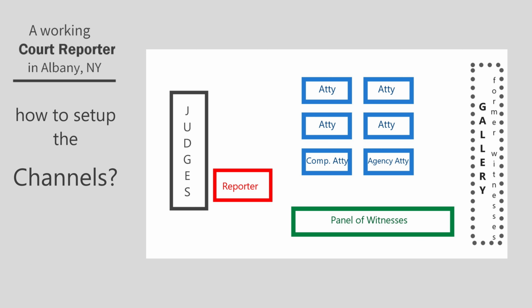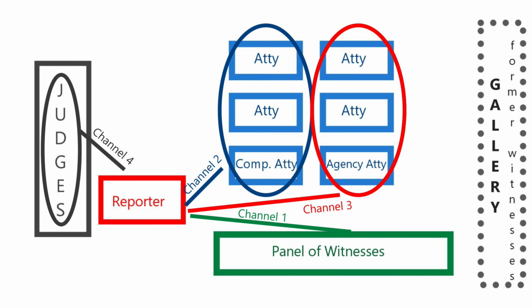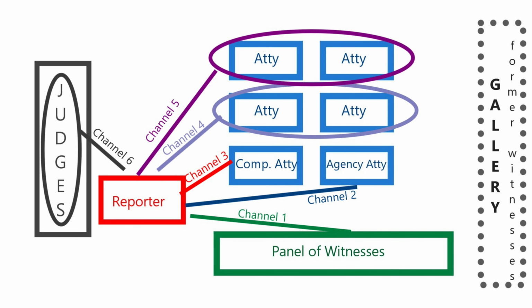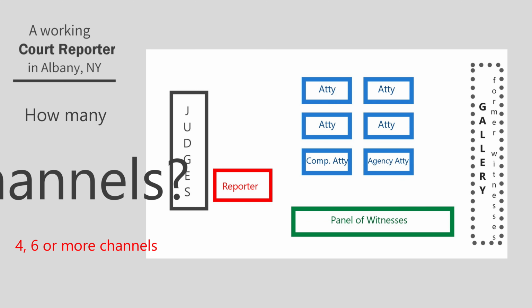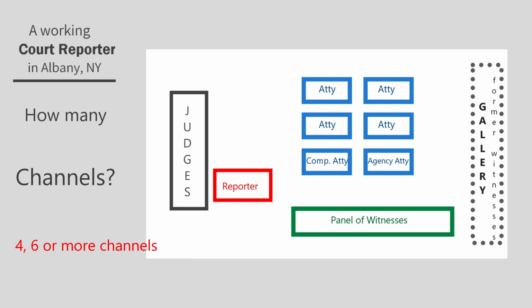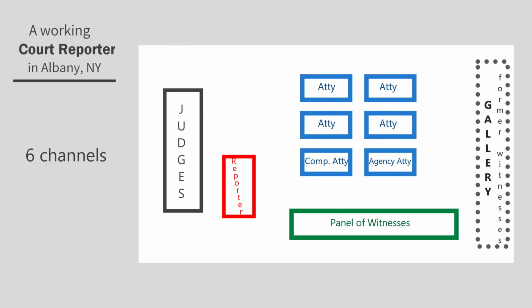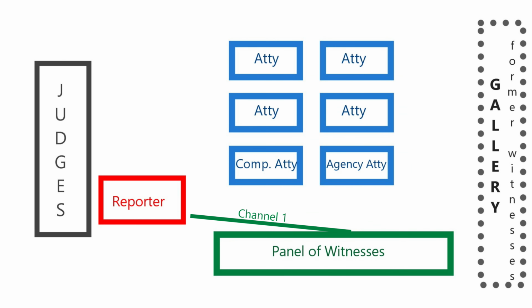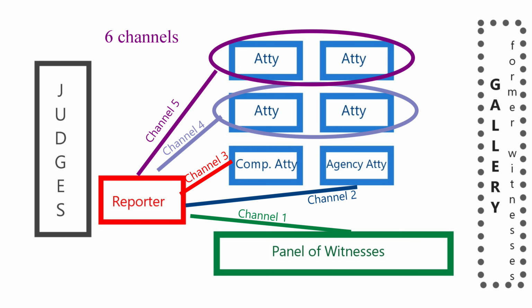Once you decide on the microphones, next you need to think about the channels. How to place the microphones on those channels and where to place voice splitters. Depending on your equipment, you may be able to operate 4, 6 or more channels. This is an example of 6 channels, assuming the party representations are so.